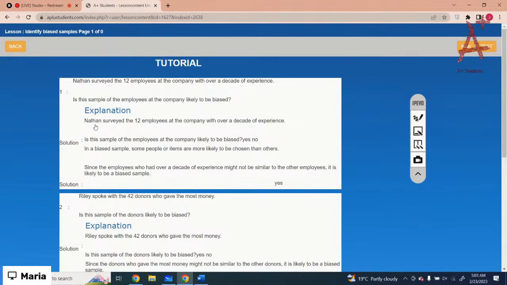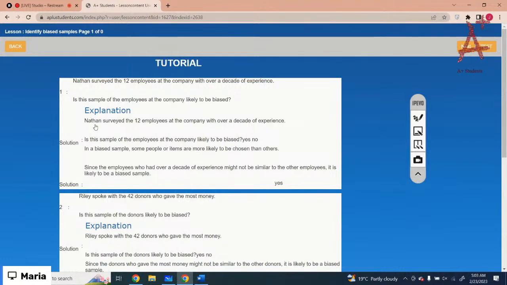First we're going to learn what a biased sample is. In a biased sample, some people or items are more likely to be chosen than others. So here in the example, Nathan surveyed 12 employees at the company with over a decade of experience.